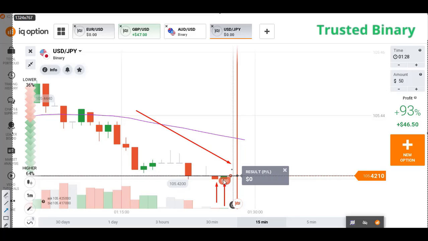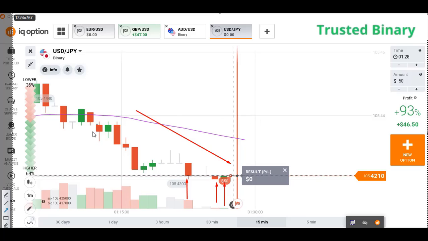I found that this candle's volume is high. After that, there are two doji candles in a row, and after this candle, these two candles have the same size volume. That's why I took my trade in the lower direction, following the trend and this candle's volume.